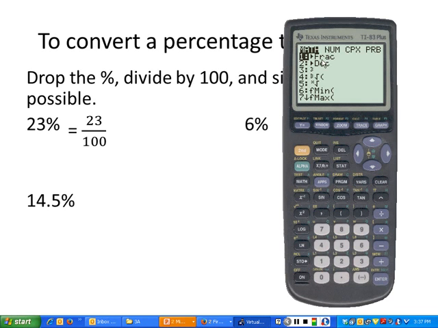That means, do you want your answer given as a fraction? We hit enter. So we're going to get 23 divided by 100 as a fraction, and if it reduces, the calculator will reduce it for us. So we hit enter again, and 23 over 100 is the final answer.